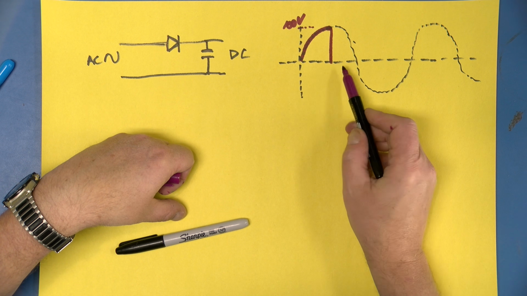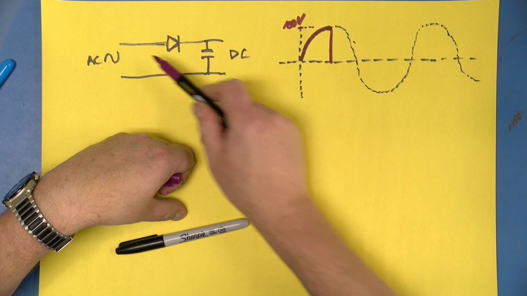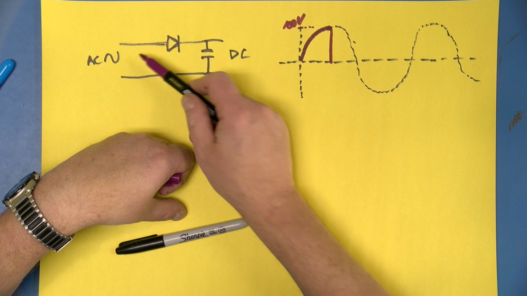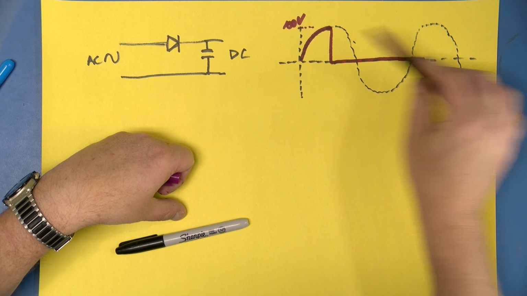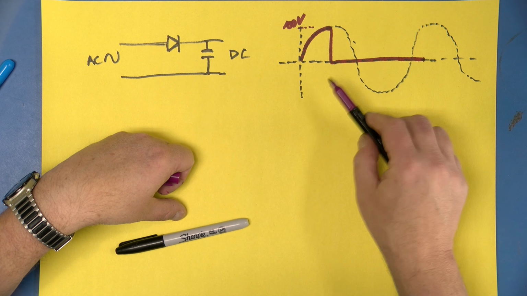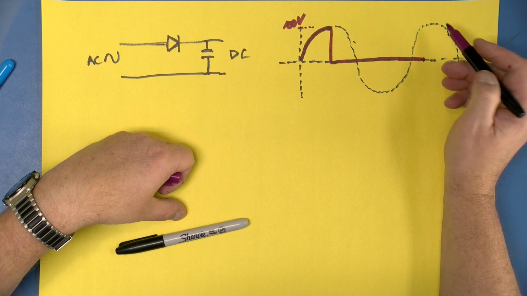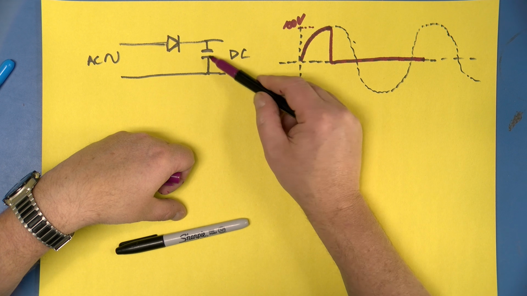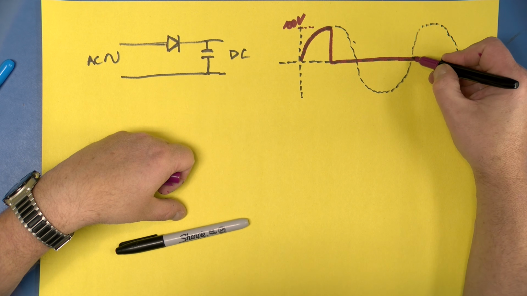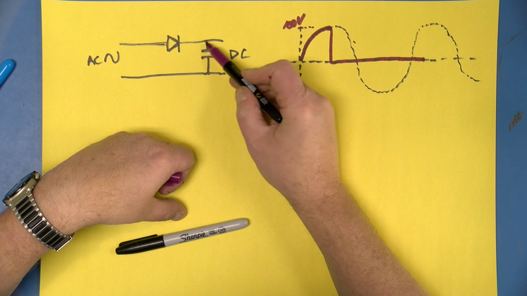What happens over here? Nothing flows. The voltage goes negative. Again, this is more positive than that, so nothing flows. So nothing happens along here. Now we get the next positive part of the AC cycle. Let's imagine that the voltage on our capacitor has dropped to 99 volts because something has been using some of the DC energy stored in it. As the AC voltage goes up, right now it's like 10 volts, 20 volts, 30 volts, that's less than 99 volts.